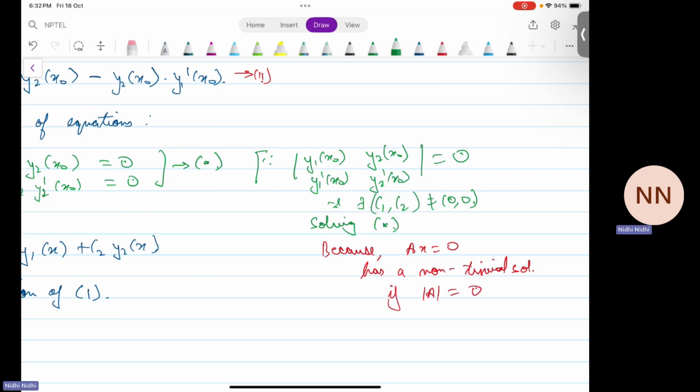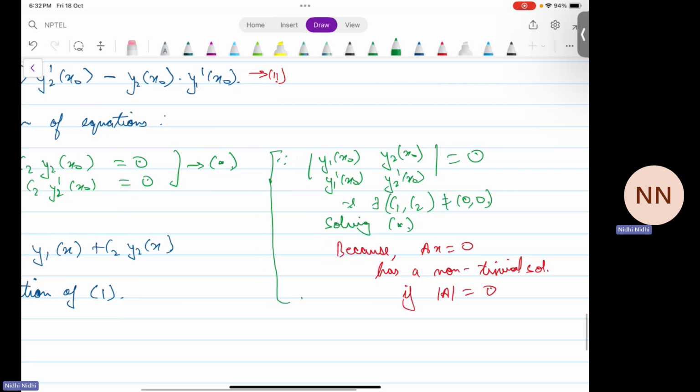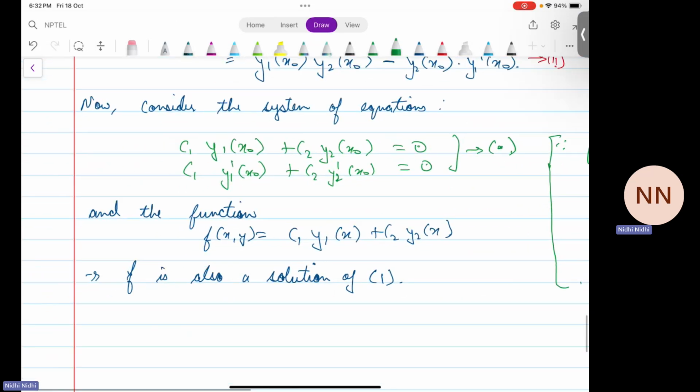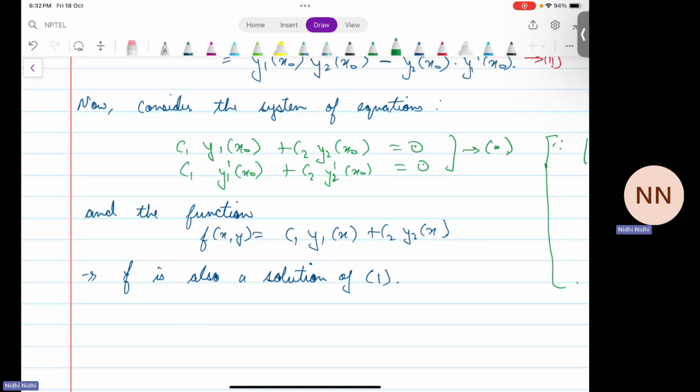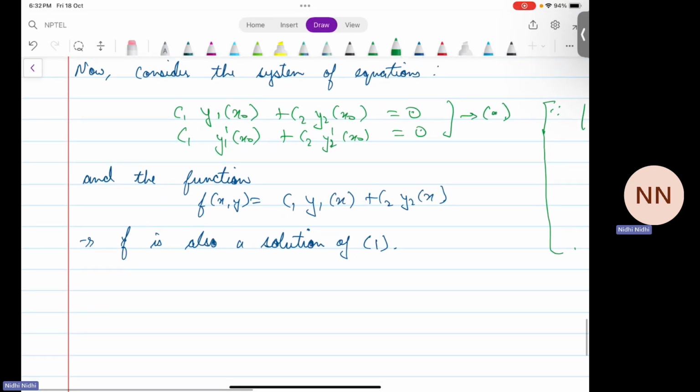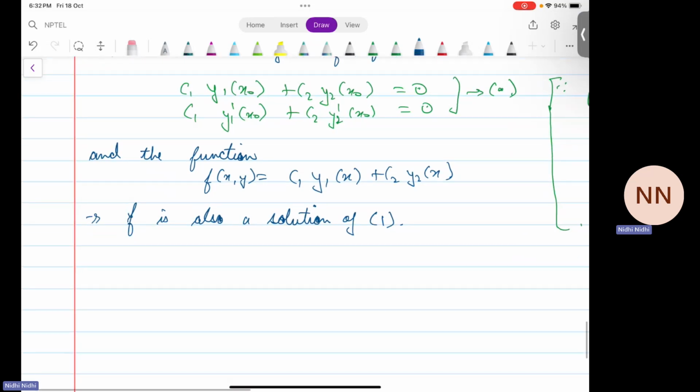This implies there exist c1, c2 not 0 solving star. Since this determinant is 0, such c1, c2 exist, and corresponding to those we have constructed the function f. Clearly f is also a solution because a linear combination of two solutions is again a solution.